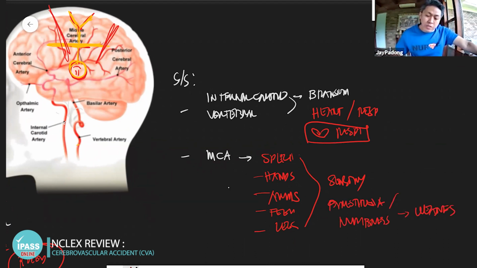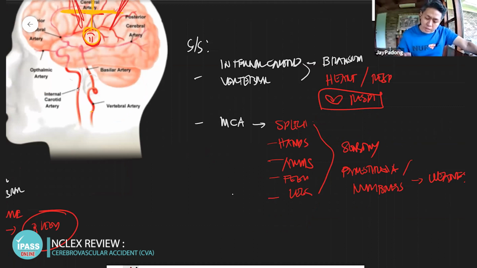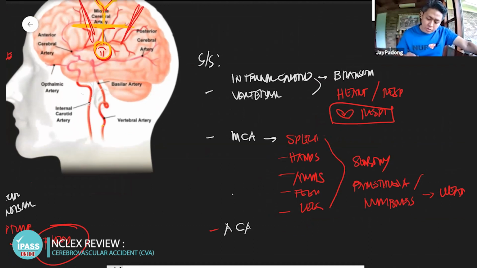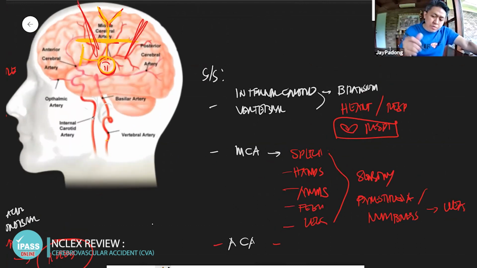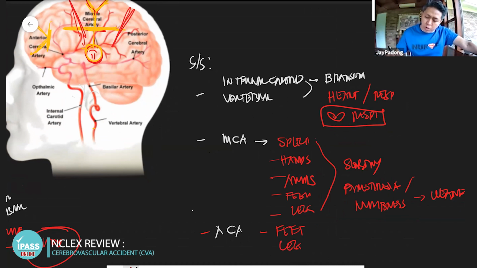So that's your MCA. When you look at your anterior cerebral artery, it talks about your what? I'm going to draw this one as another person. I'll just write here legs, your feet and legs. This is more onto your motor. Remember, the portion here is motor cortex. Again, what's parietal?